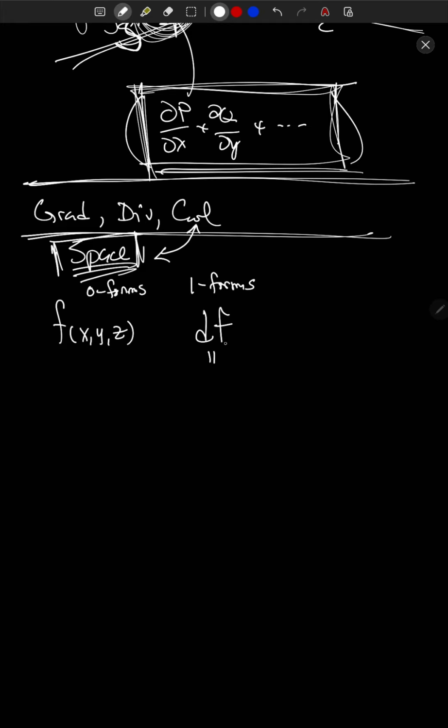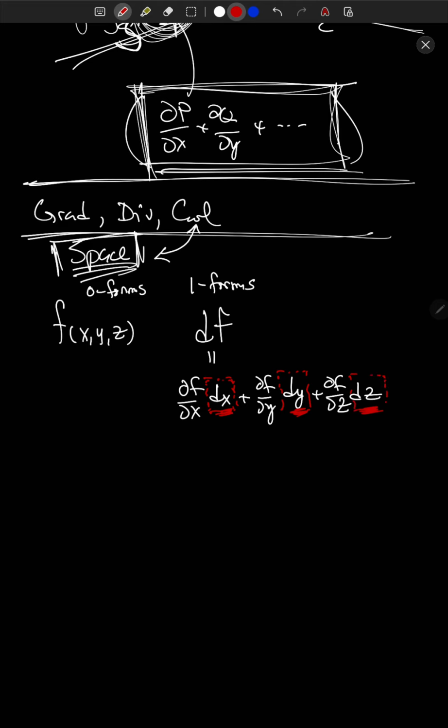So df would be something where, if you give me a function, df is equal to df/dx dx plus df/dy dy plus df/dz dz, where dx, dy, and dz are the basic one forms. More technically, they're operators: if you give me a vector, then this thing applied to it gives you a number. But we don't have to know that amount of detail for this discussion.